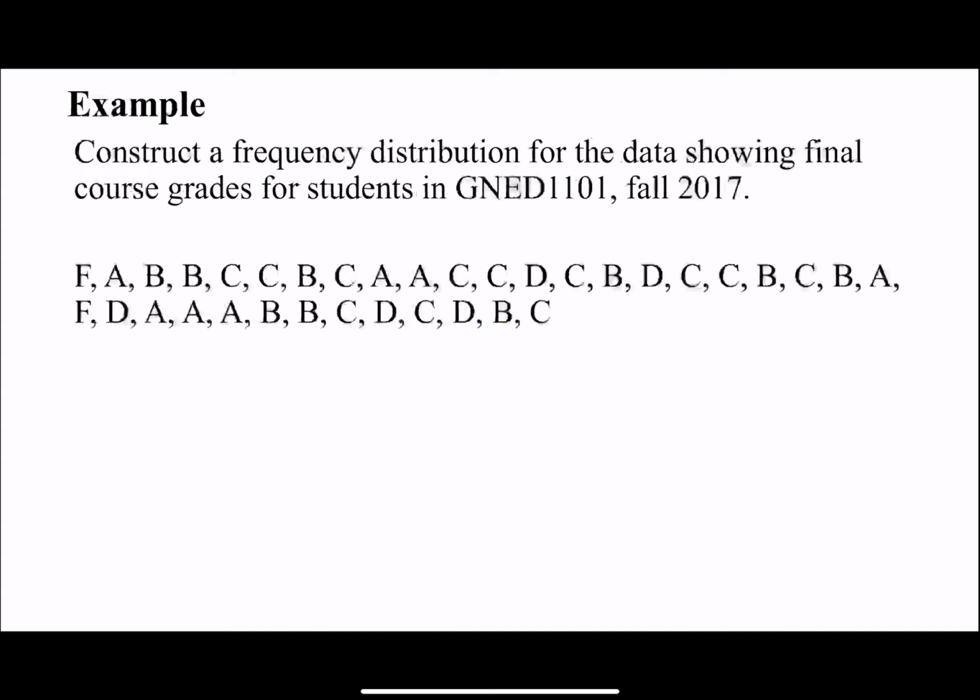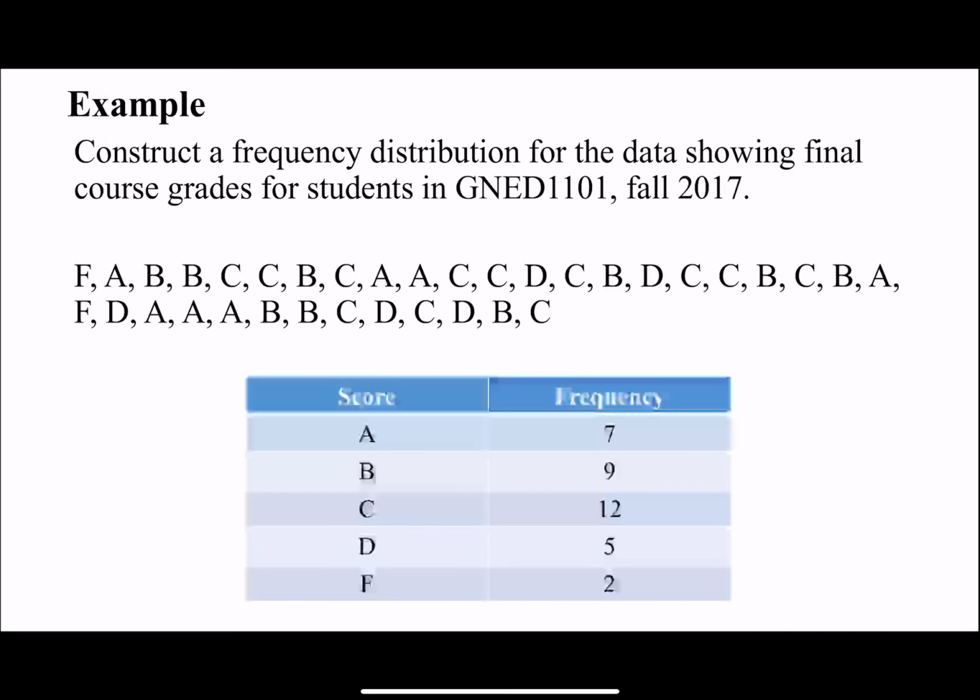If I give you this data, it's very hard to see how many students got C, how many students got A. So it's better to use a frequency distribution to present the data, just like here. Now it's better, right? You can see that 7 students got score A, 12 students got C, and 2 students failed the course, right? So as you see, it's better to create a frequency distribution just like this table.